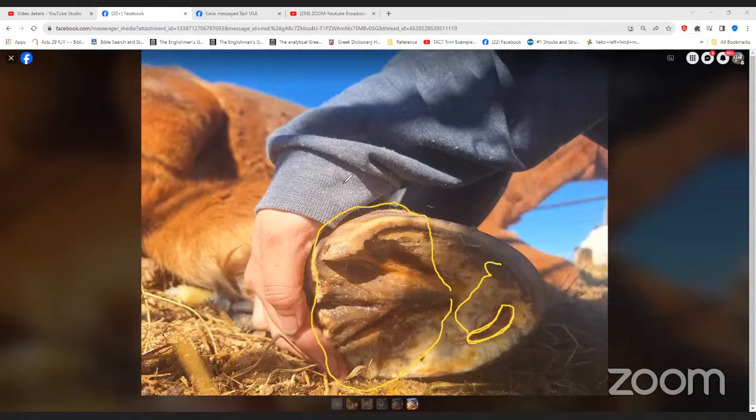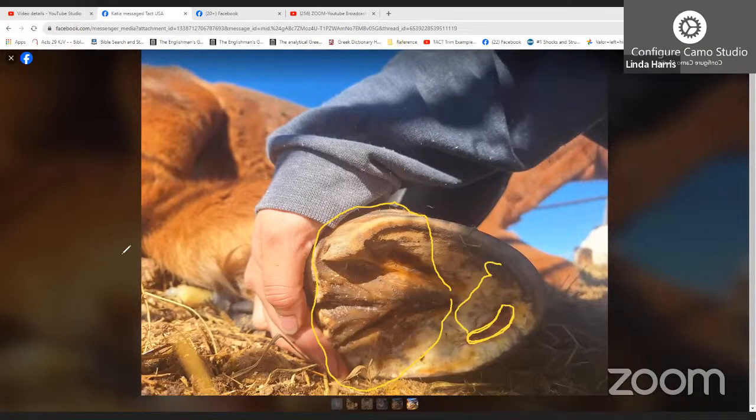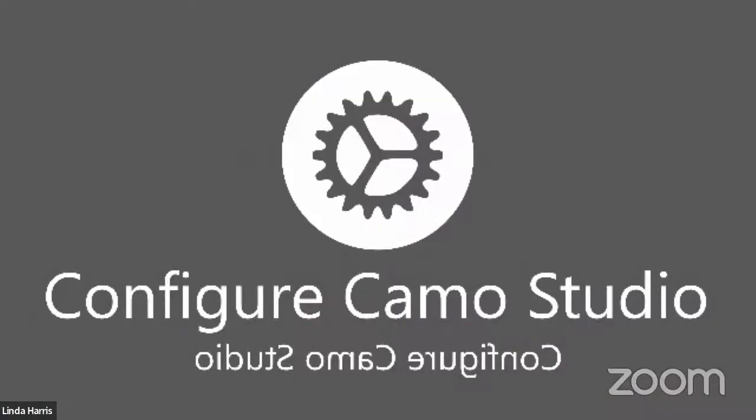Okay, so I'm going to show you an example. I've got to look that up, but we're going to look at some more pictures of him first. Let me stop share for a second, and then I'll show you pictures of what I'm talking about.